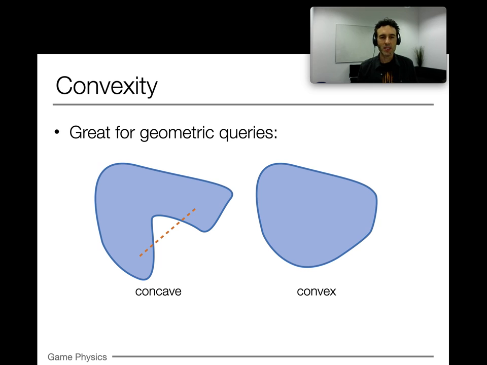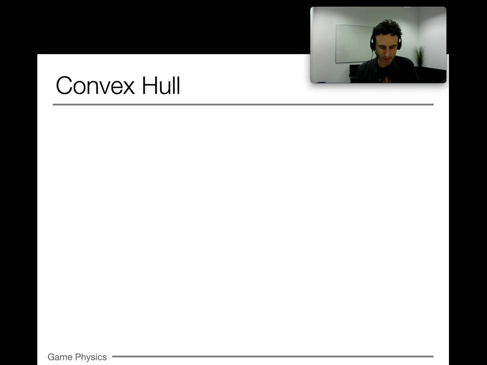There's a whole class of algorithms that decomposes concave objects into convex ones, known as convex decomposition algorithms, and then we can still use the algorithms I've described. So in general, these collision detection algorithms work with convex shapes.